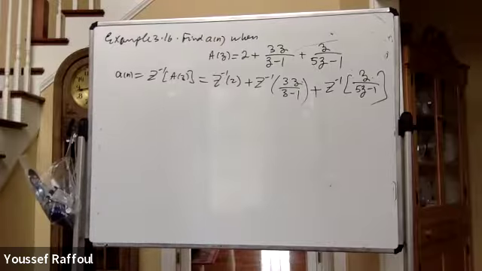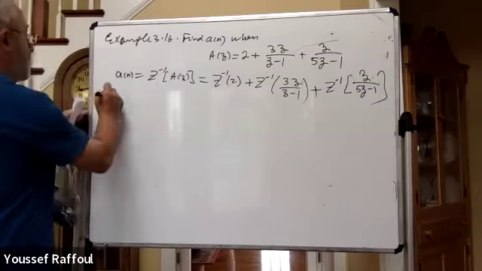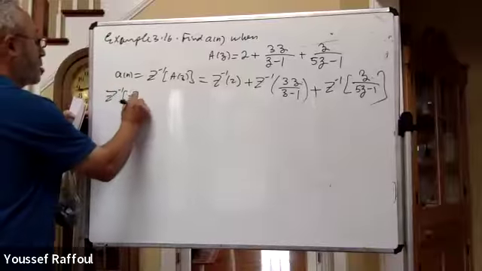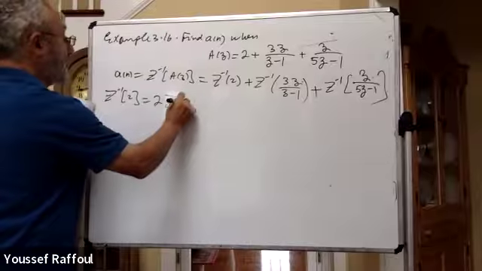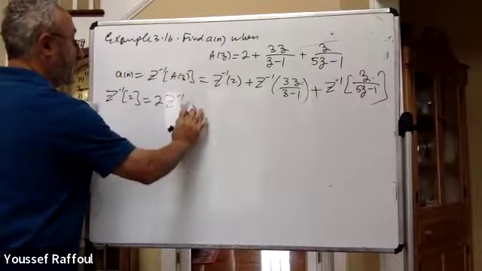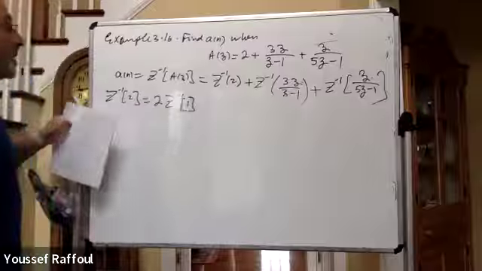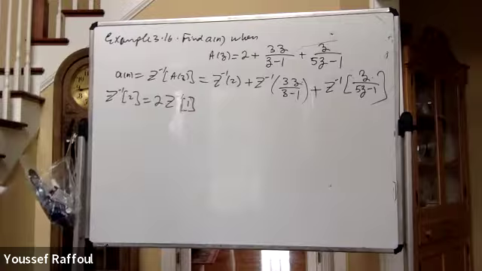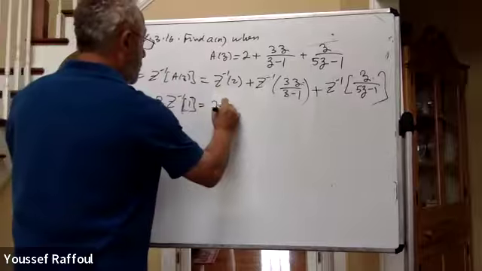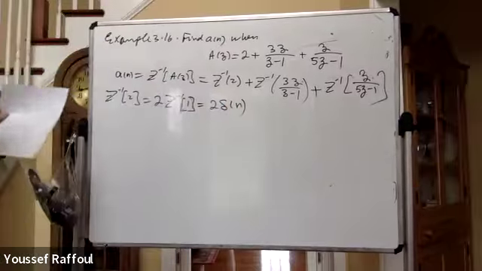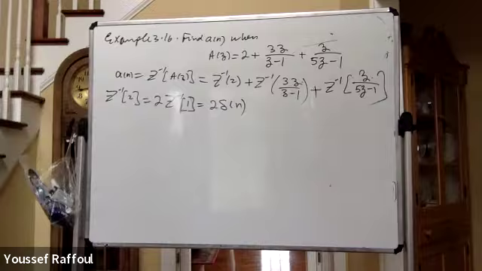Okay? Now let's try. The inverse Z transform of 2 is 2 times the inverse Z transform of 1. What is the Z transform of 1? That is 2 delta n. Okay? Go back to the table. There is a table in the book.